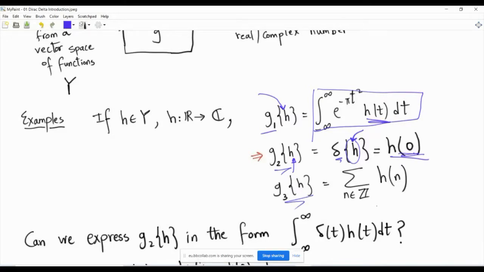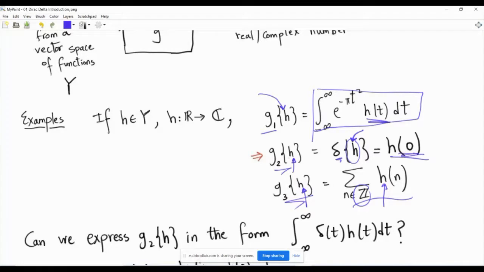Another functional will take function h and produce as an output the sum of the values of h evaluated at all the integers. Those are examples of functionals. Again, you feed it a function and it spits out a scalar, a real or complex scalar.